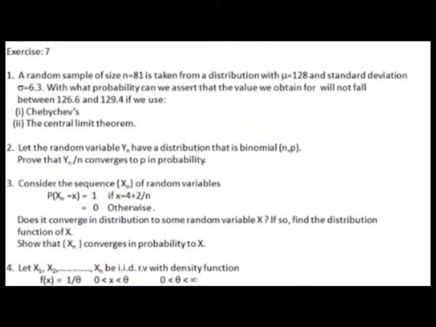I just want to make a comment here: as we have seen through examples in the lectures, the bound that you get by using Chebyshev's inequality on the required probability would be a loose bound, and the central limit theorem will give you a tighter bound on the probability.